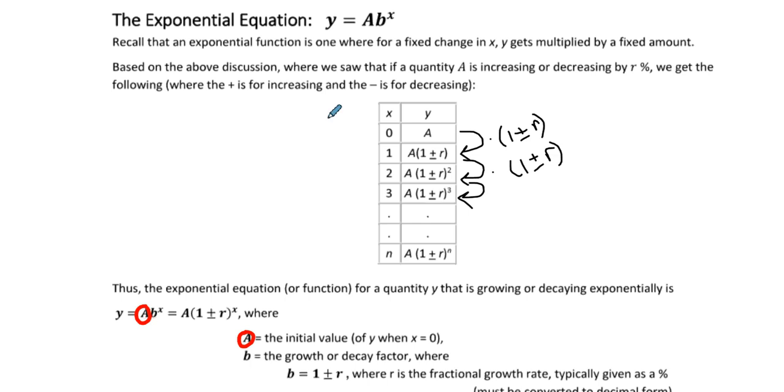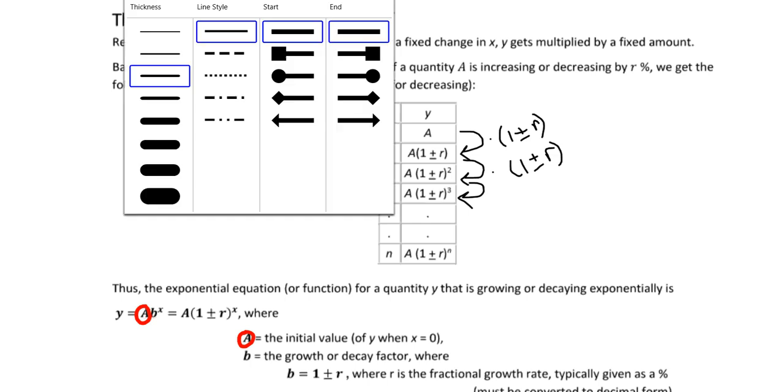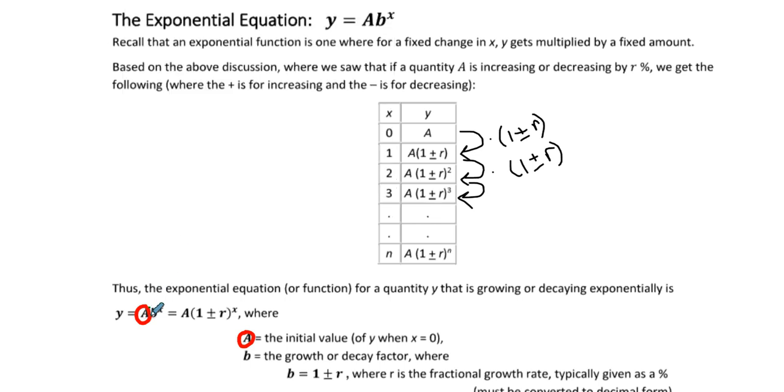Now the B is the growth or decay factor. If they give you the growth or decay factor, then that's what B is going to be.